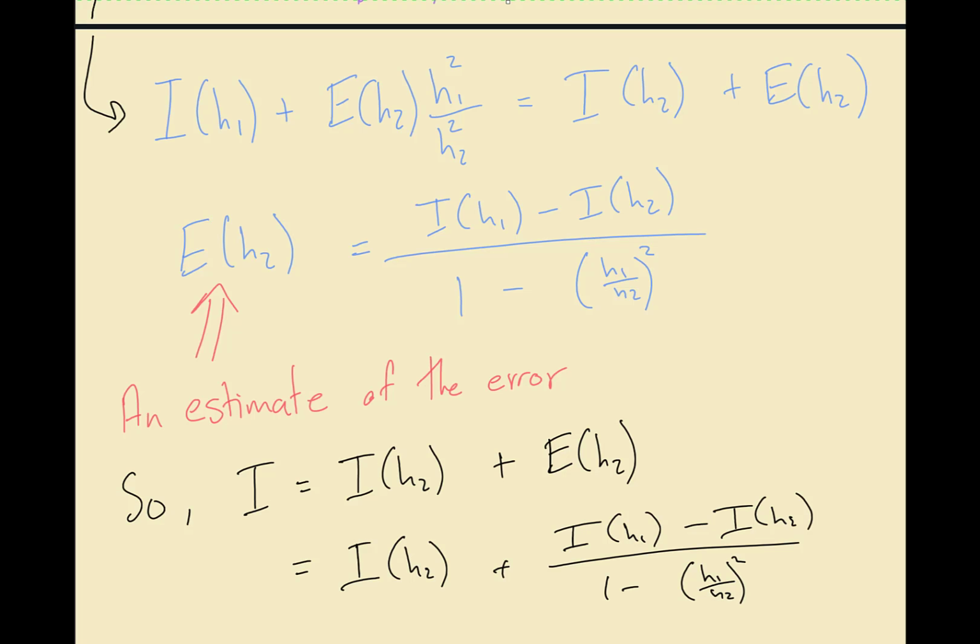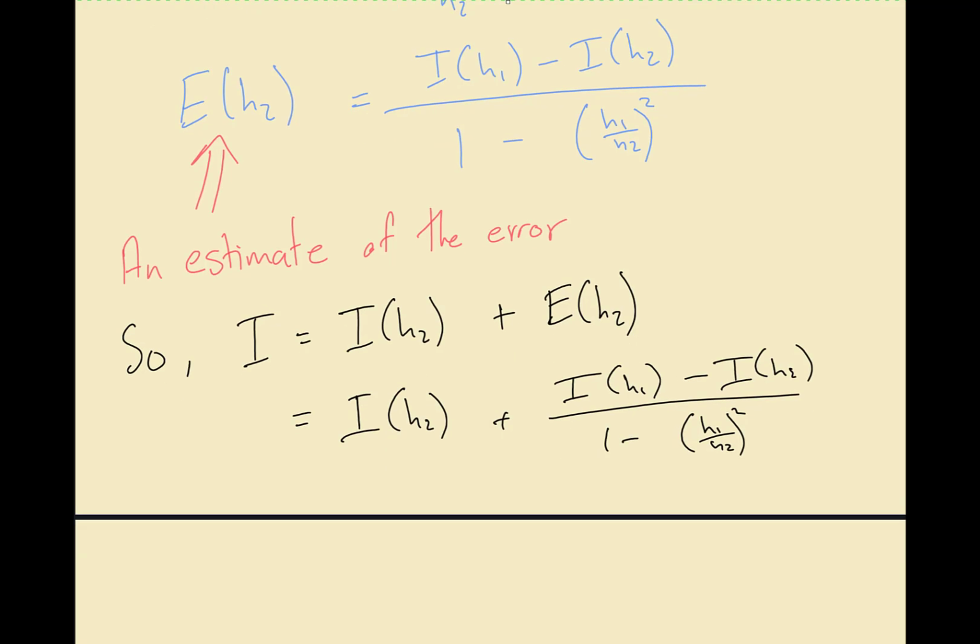So now we've come up with an equation for the integral that includes an error term which does not require any derivatives. It should be more accurate than what we've been trying to do, but it requires two estimates, one at H1, one at H2.